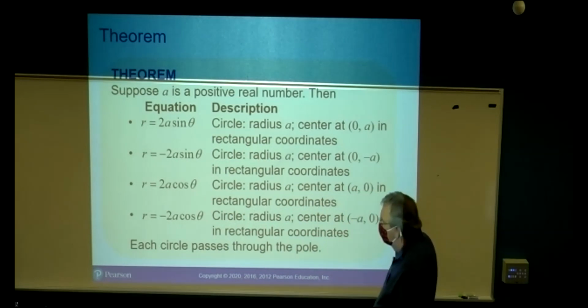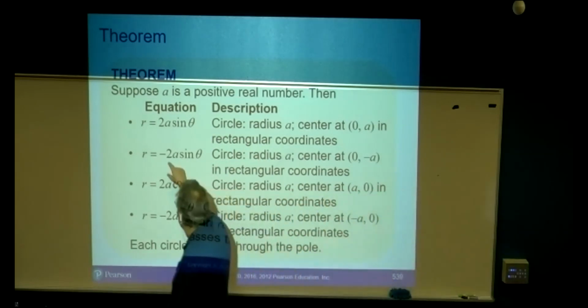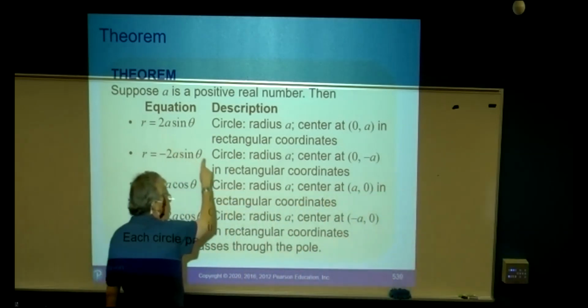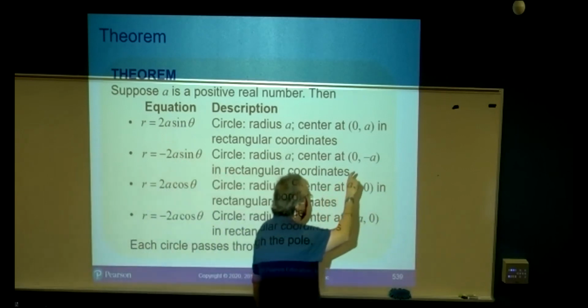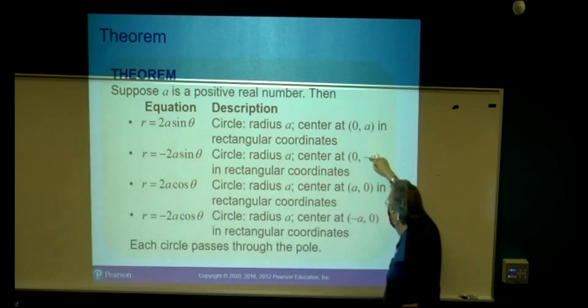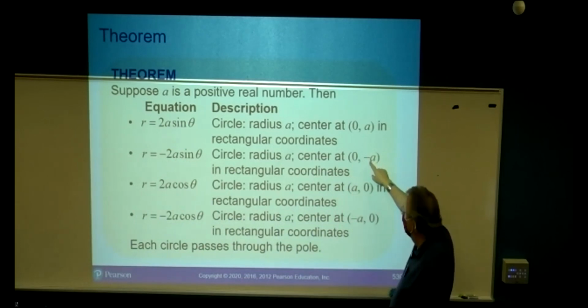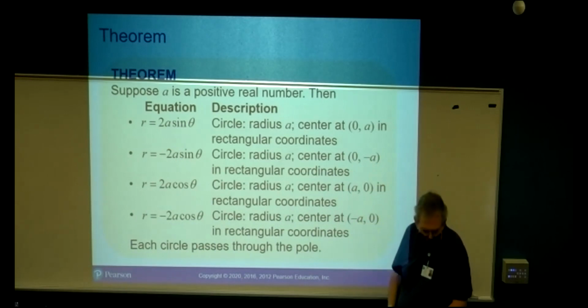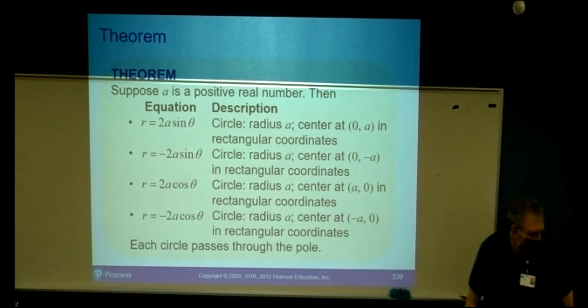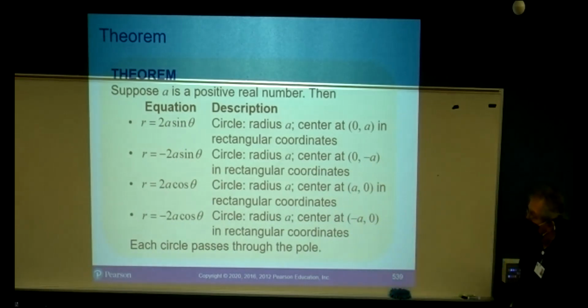And depending upon the sign out here, a is either positive or a is going to be negative. Because using the same process we used earlier, that's what we wind up with.